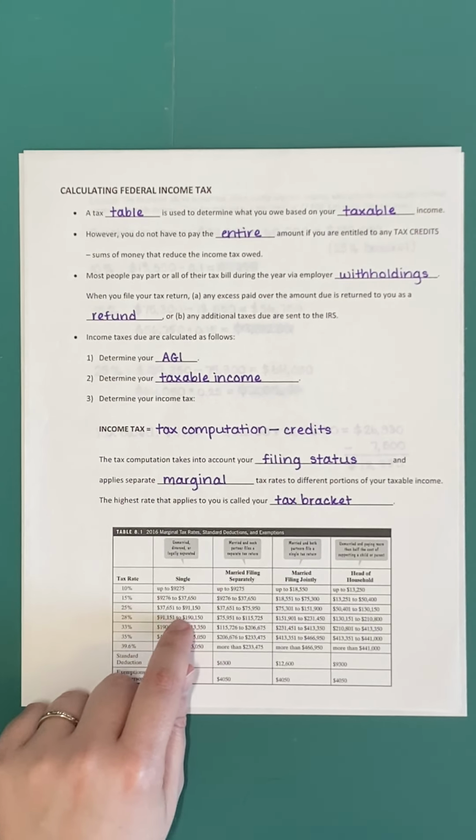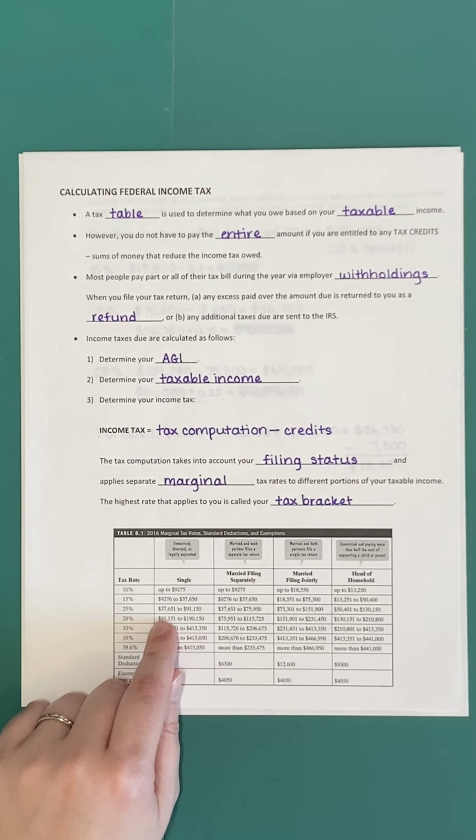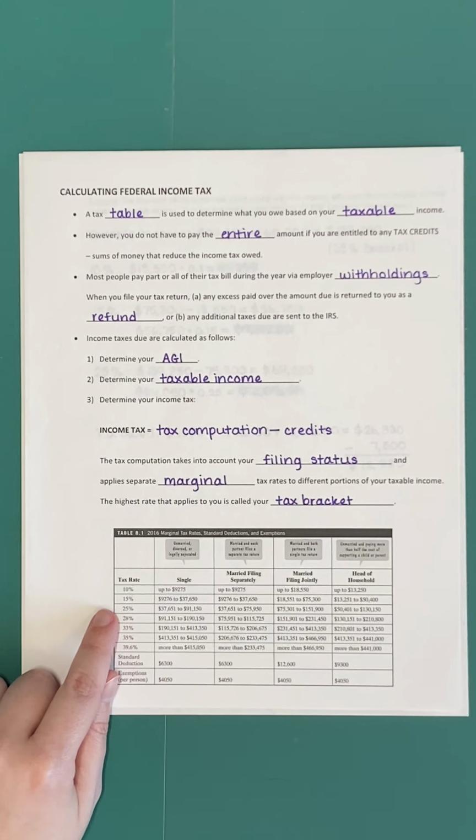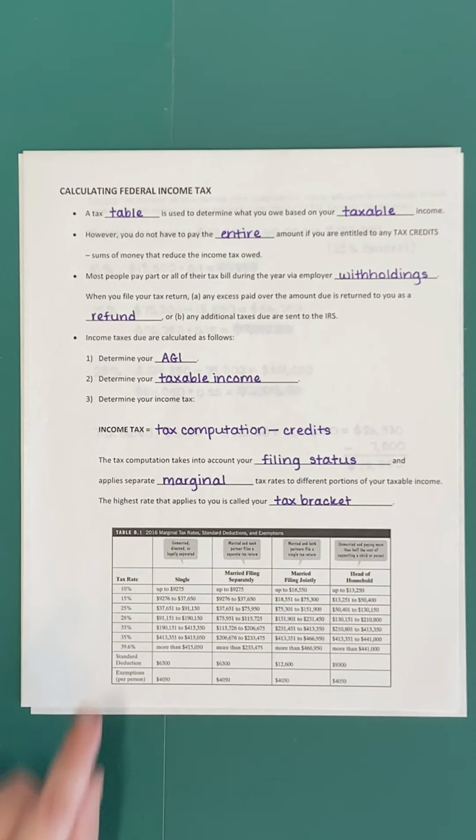So all of the additional income beyond what was already taxed, up to the $100,000 that you made, would then be taxed at the 28% rate. So when you say you're in a particular bracket, it does not mean that all of your income is taxed at that rate. It just means that's the highest particular rate that's going to be applied. But all of the lower layers, all of the smaller segments of your income are going to be taxed at those lower rates, just like everyone else's is taxed at those lower rates.